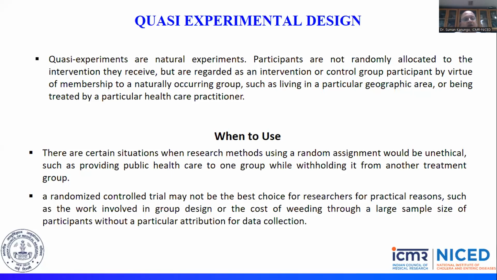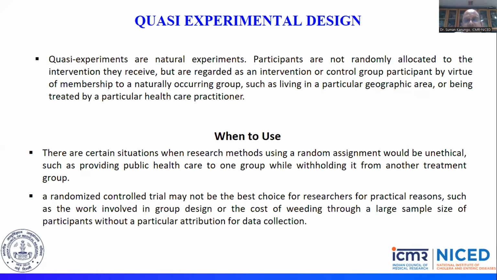Participants are regarded as an intervention or control group participant by virtue of membership to a naturally occurring group, such as living in a particular geographical area or being treated by a particular healthcare practitioner.